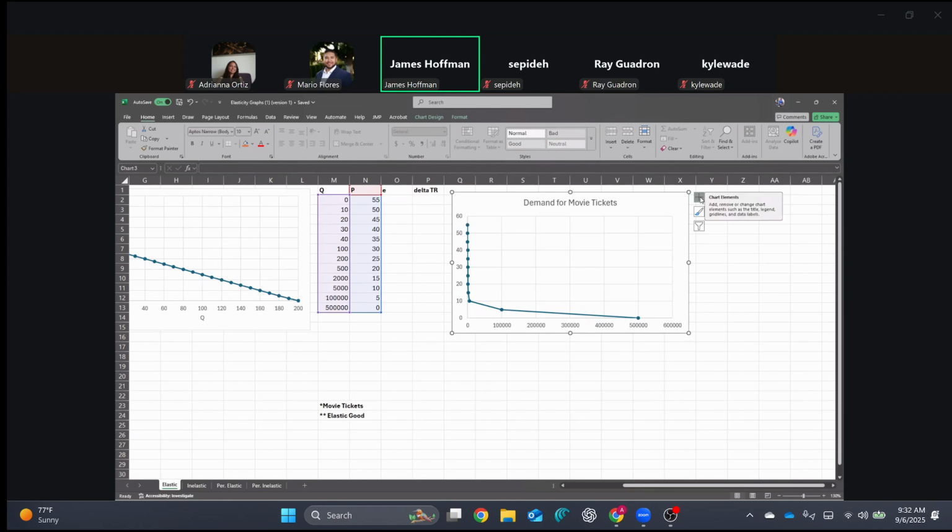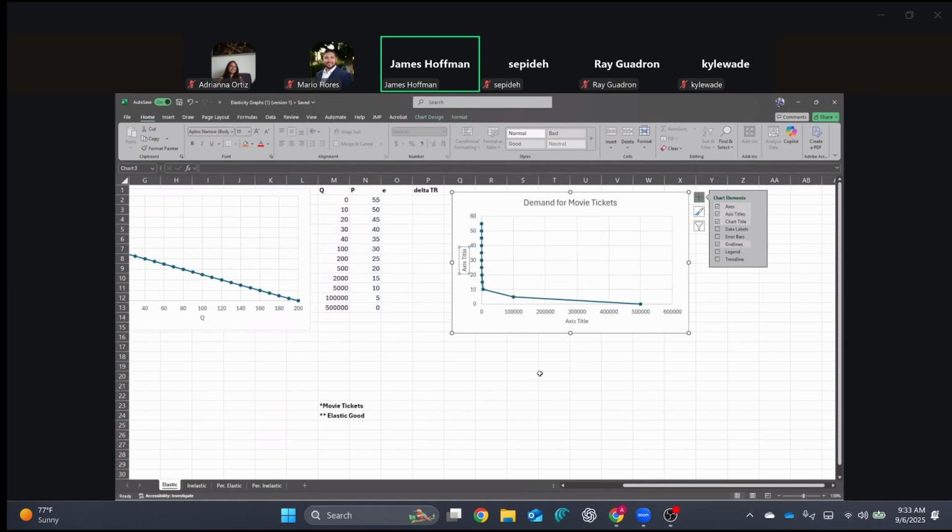If you're doing this on your own, let me know if you're using a Mac. It's a little bit different sometimes, but I can troubleshoot with that. On Windows, if you hit this little plus sign, there should be an option for axes labels. What that means is you can just call this price, and you can call this quantity.